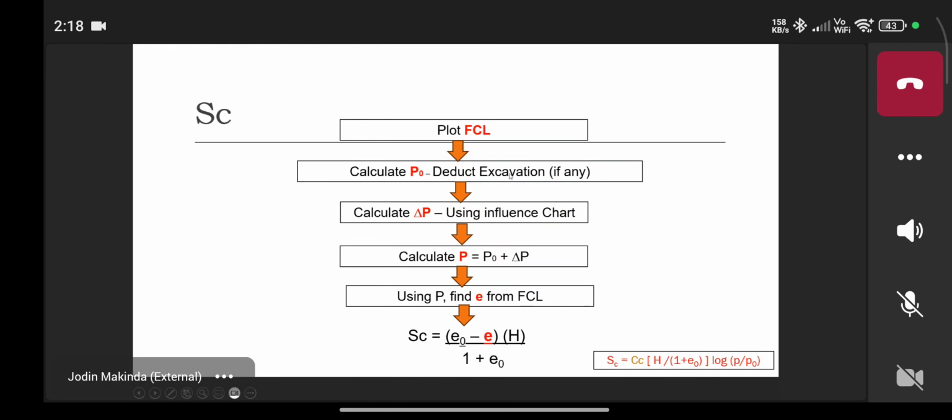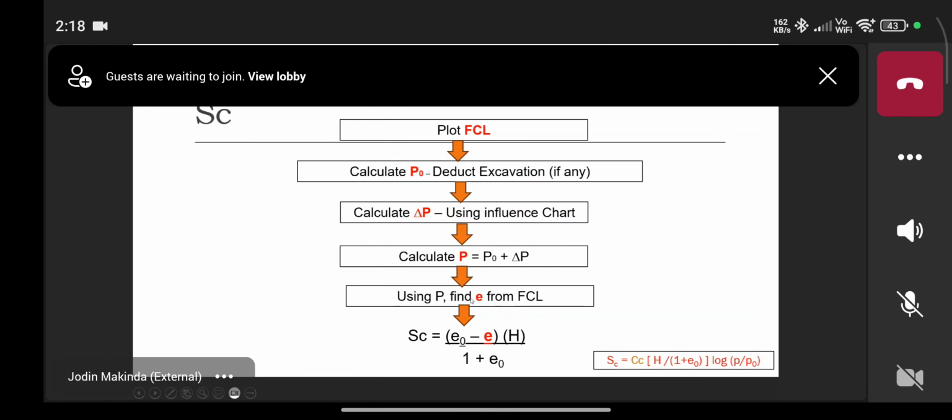Check if any deduction is needed. If deduction is needed, then calculate the additional stress using the influence chart. Then after you calculate the effective overburden pressure and the stress increment, you can calculate the current effective pressure by totaling them up, and then use that to find the void ratio from the FCL.